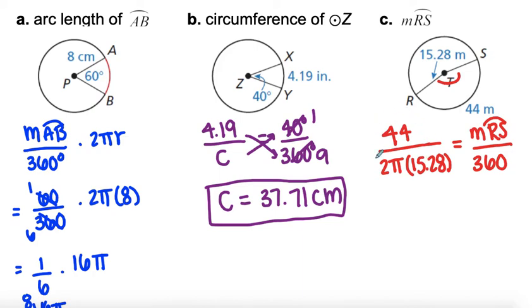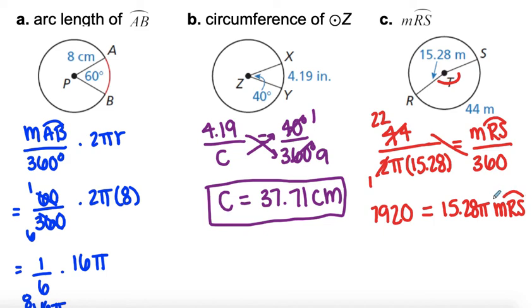So I want to first, again, simplify this fraction. So here I see 2 can go into 44, so I want to go ahead and cross out that 2. And 2 goes into 44 22 times. And then from here, I'm going to cross multiply. So first I'm going to multiply 22 times 360, and I get 7,920. And then 15.28 pi times measure of RS.